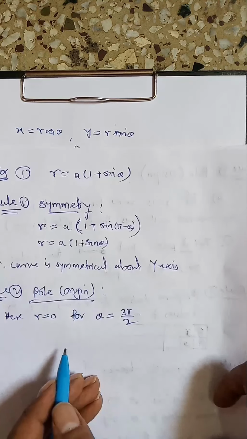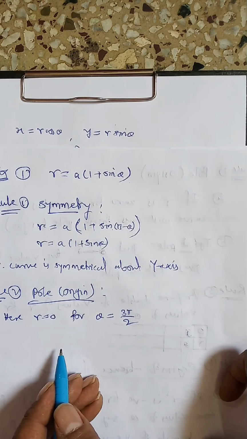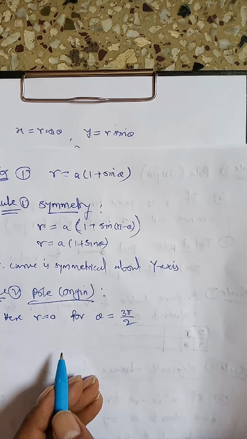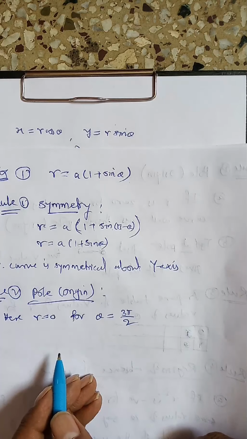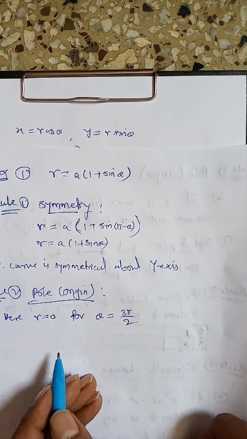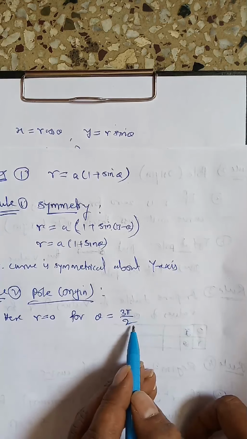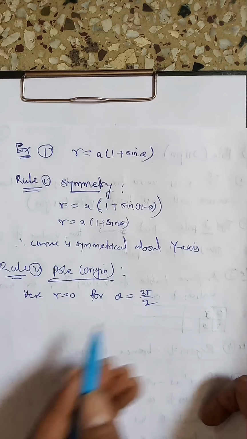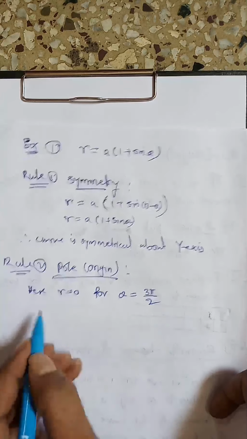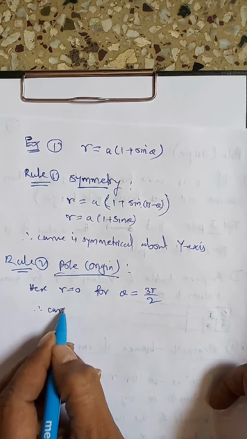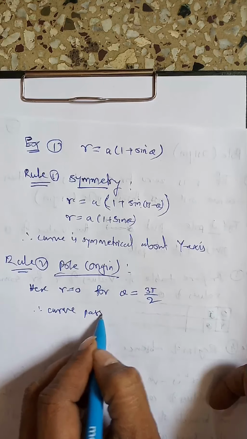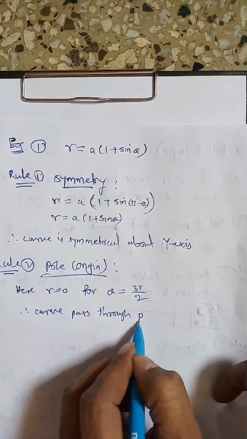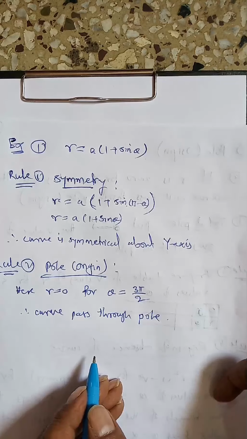See, sine 3 pi by 2 is minus 1, sine pi by 2 is 1, sine 3 pi by 2 is minus 1, sine 5 pi by 2 is 1, sine 7 pi by 2 is minus 1, and so on. Right? So here r is 0 for theta equals 3 pi by 2, and therefore the curve passes through the pole, or origin, you can say.